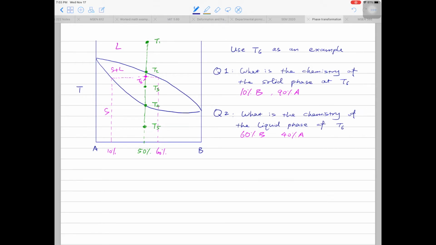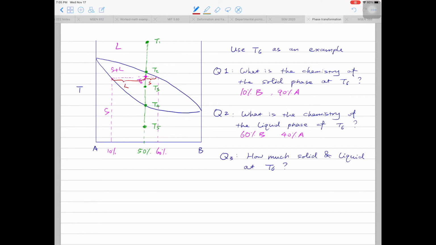The third question is, what are the mass fractions of the liquid and the solid phases at T6? To solve this problem, we'll use the Lever rule. The line segment from the composition to where it intersects with the solidus line, let's call that L. The line segment on the right from the composition to the crossing of the liquidus line, let's call that S. Note that the L is not on the liquid side, but on the solid side.